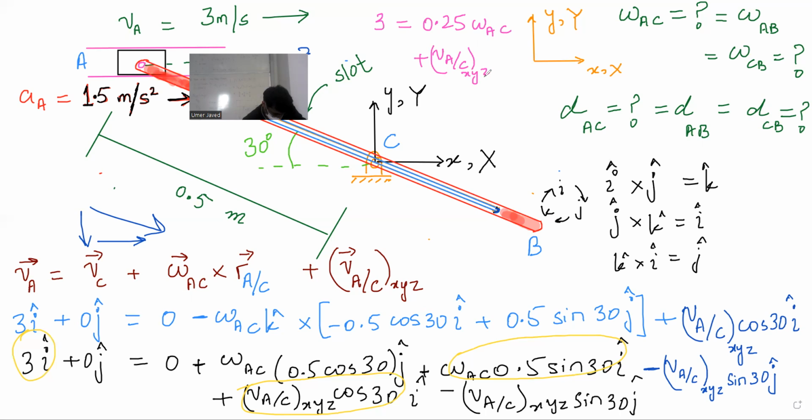You said root 3 by 2, okay, 0.866. And the second equation, let me use a nice, beautiful red color. 0 J is equal to 0.433. Can you please double check, everyone?